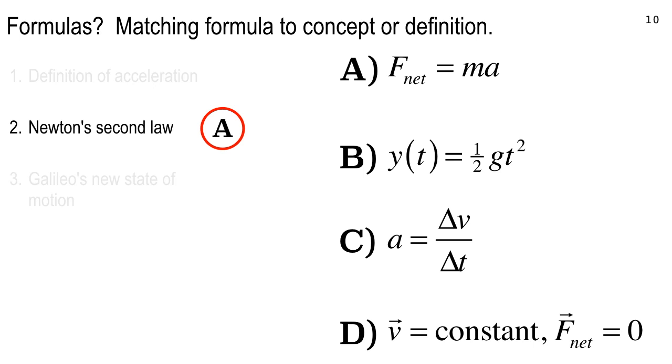Well, B is a position equation for free fall, so that's not one of Newton's laws. So that means by process of elimination, A. And remember to use that on the exam. If you get stumped, sometimes you can eliminate one or two and then make an educated guess, and that'll increase the probability of getting that one right.